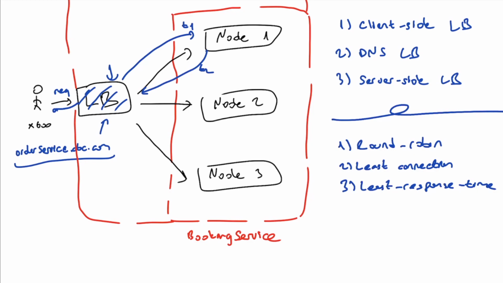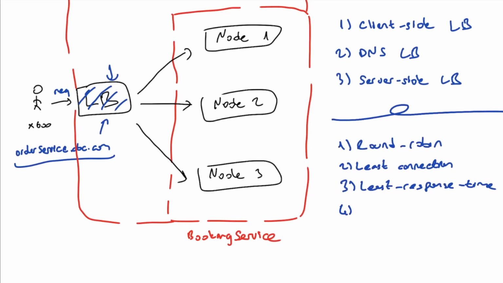Let's say the difference is 1 second for this node, but maybe 5 seconds for this one, and for node 3, it's working on so many requests that it takes 50 seconds to respond to a single request. When a new request comes in, the load balancer will say, okay, node 1 replies in 1 second, so I should send this request to node 1. But then node 1 becomes overwhelmed and might now take 100 seconds to reply. When the next request comes in, the load balancer will say, okay, let's send it to node 2 because it has the least response time.